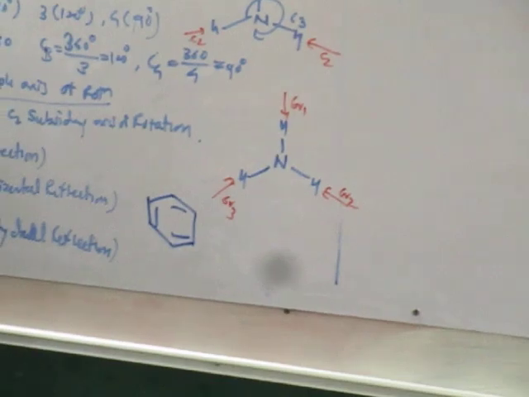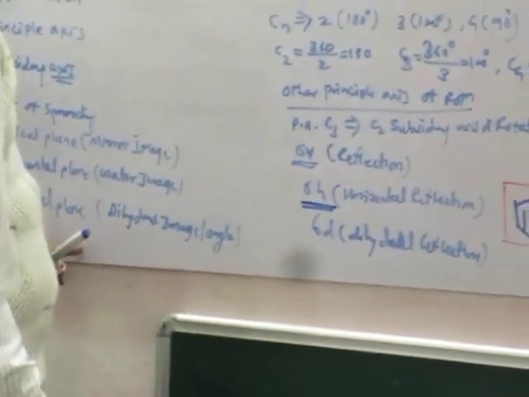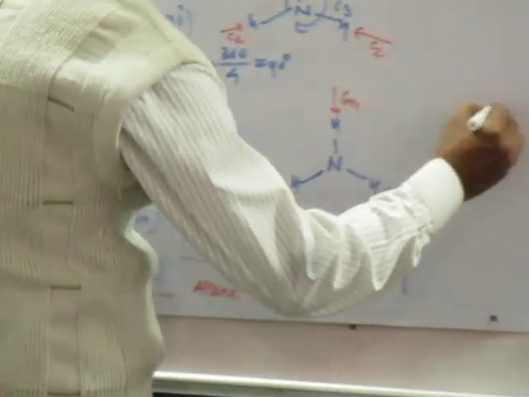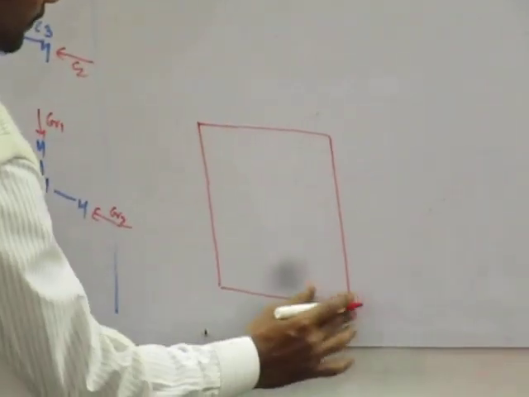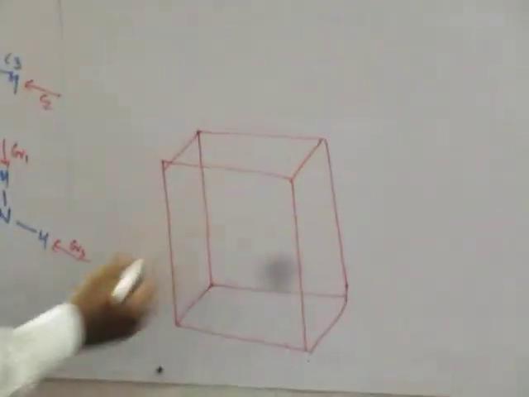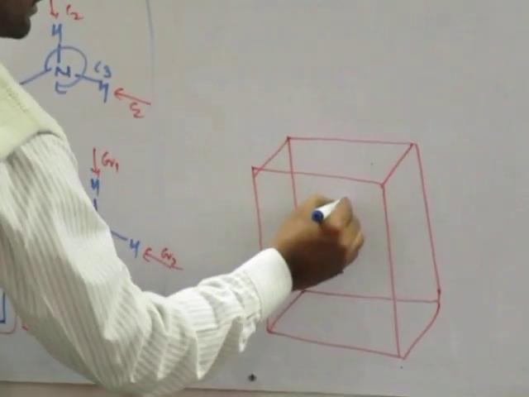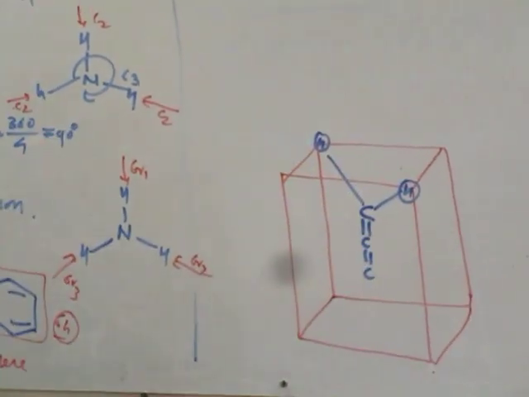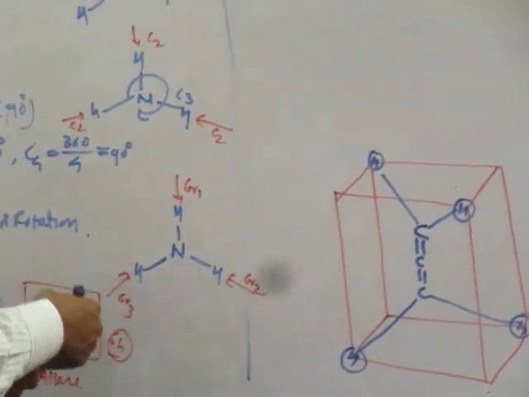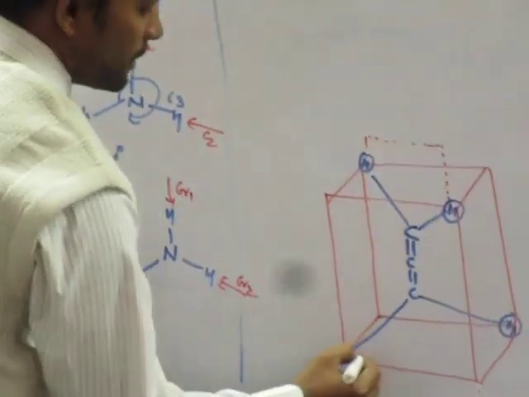In the case of the dihedral plane, the molecule should be arranged like an allene. Firstly, carbon double bond carbon double bond carbon, with H, H. Then the other atoms are arranged at these H's. So there is a diagonal plane passing through the entire molecule.